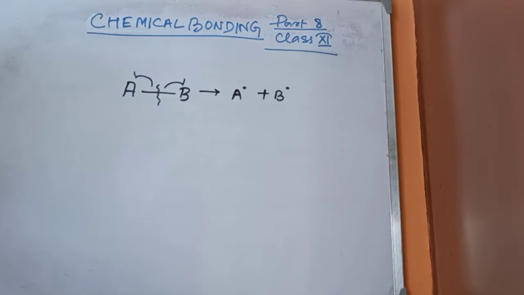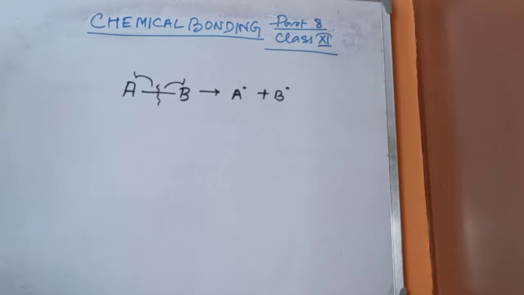Now in case of a molecule in which there are more than one bonds, the bond dissociation energies or bond dissociation enthalpies of all the bonds will be averaged to get the bond enthalpy or bond energy.